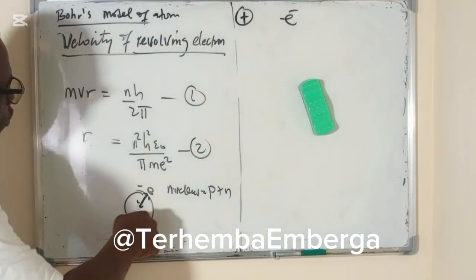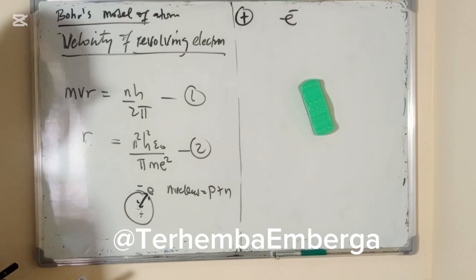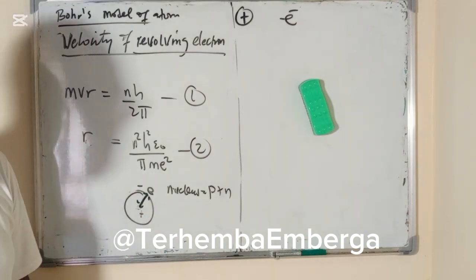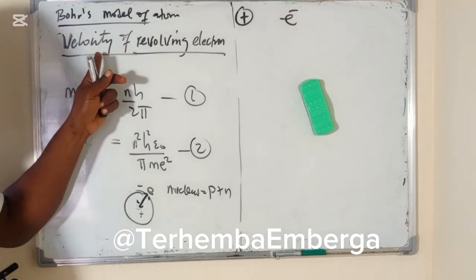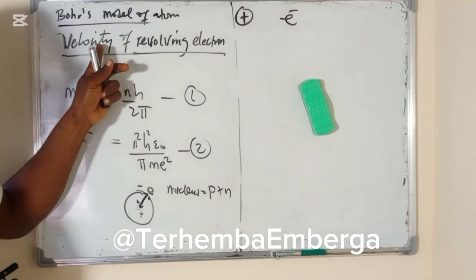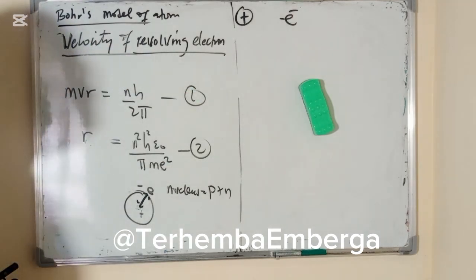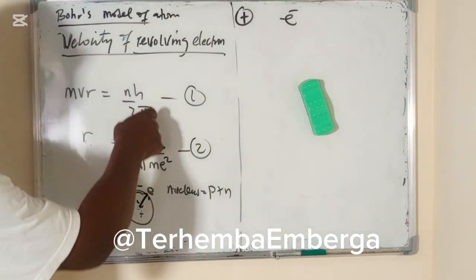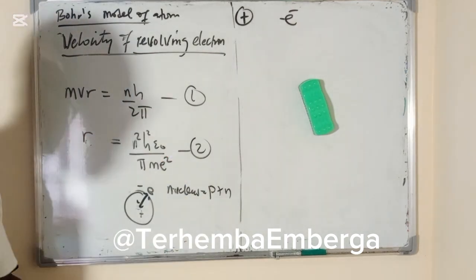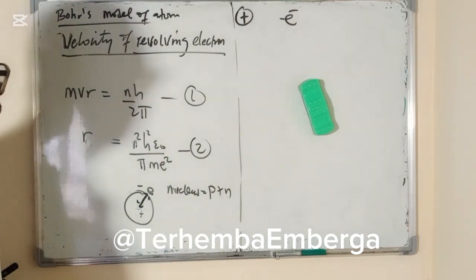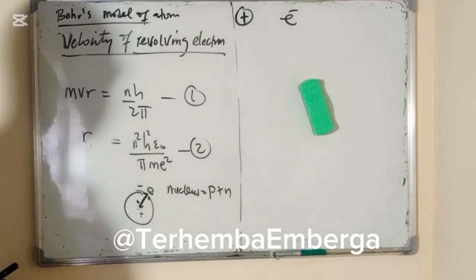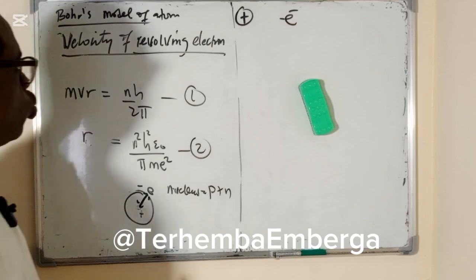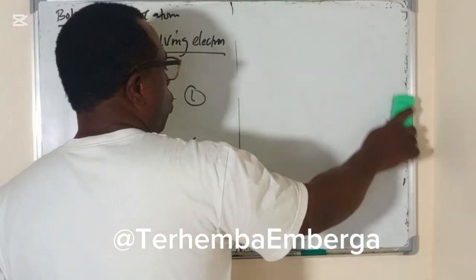So the electron revolving around the nucleus is experiencing an attractive force. So looking at equation 1 and 2, which we have derived in our previous class, you may go and watch the video, we can substitute equation 2 into equation 1.